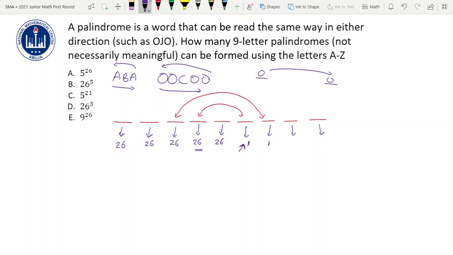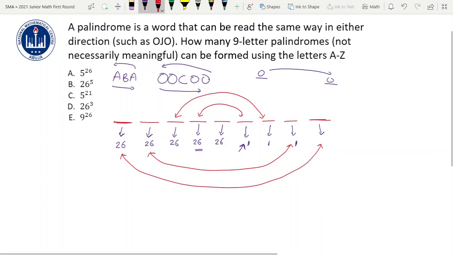So we have just one option here. And a similar thing happens for the second and the first letter. So these two here have to be the same. So we're not free to choose a different letter for this second to last one. So we have only one option for this, which is just the value on the second space. And also for the first and last, we don't really have an option for what you can put in this last space, because whatever we have in this first space has to be in this last one.